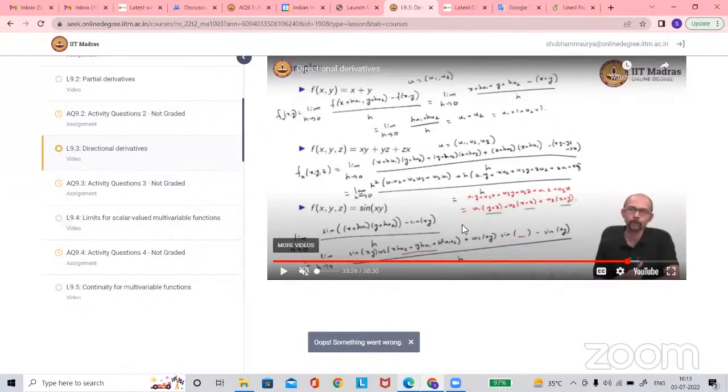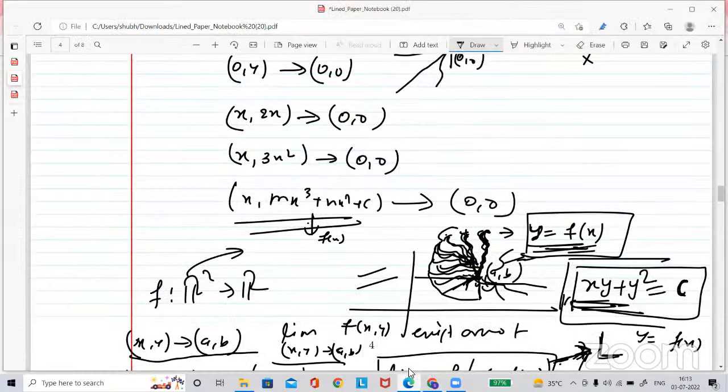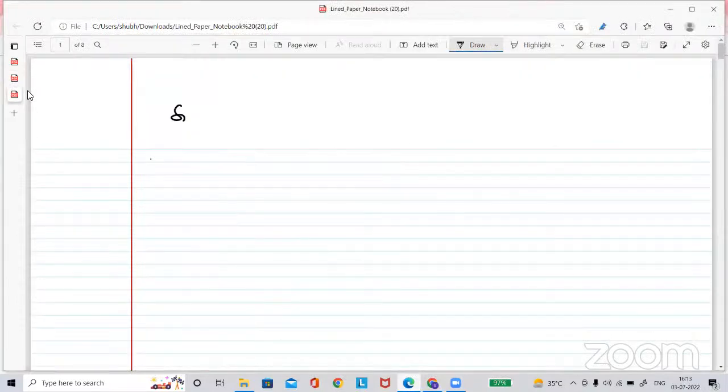Okay, so in this question sir is trying to find the directional derivative. Let's see what will happen. We have sine of x into y, that is, sine xy.